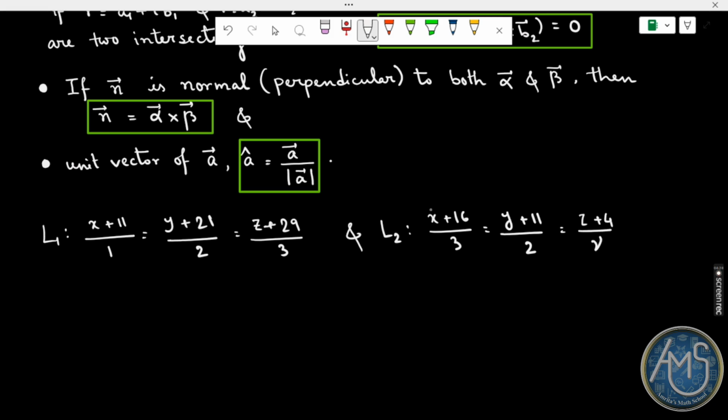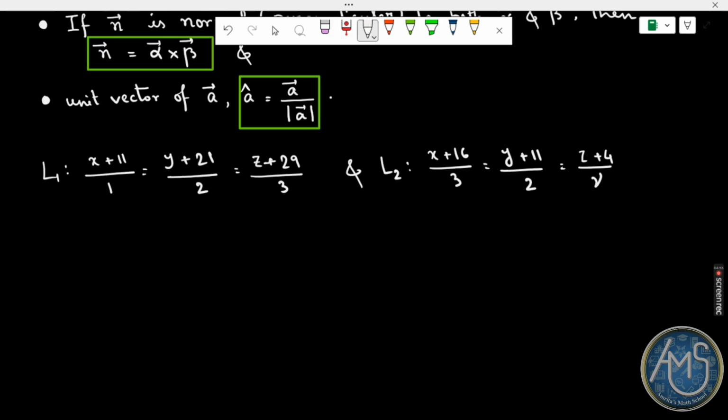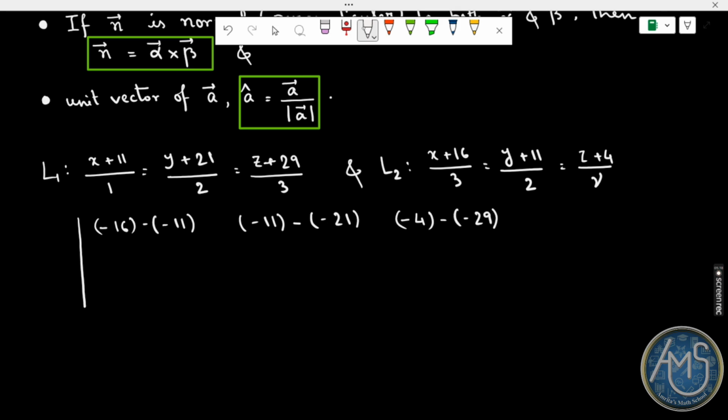by gamma. Since L1 and L2 are intersecting, the condition is: x2 minus x1, so minus 16 minus of minus 11, then minus 11 minus of minus 21, then minus 4 minus of minus 29, then a1, b1, c1 as 1, 2, 3, and 3, 2, gamma must be equal to 0.